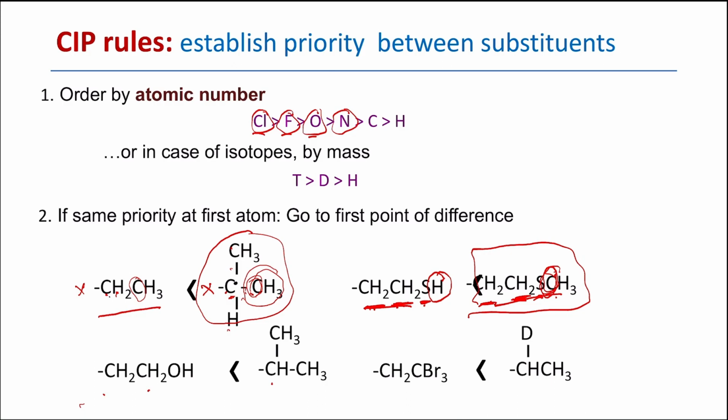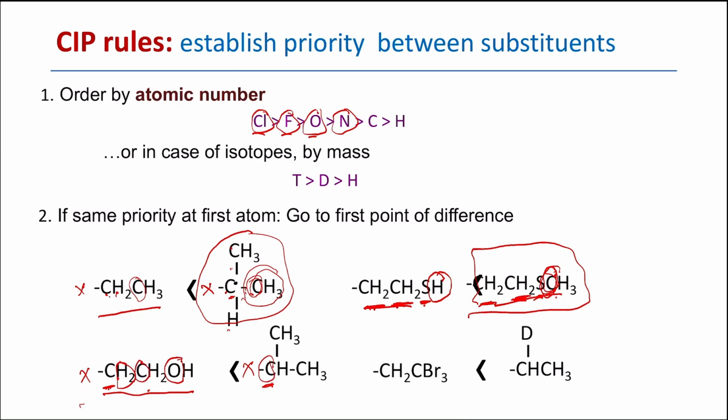You might think that this one should take priority because it has an oxygen. But as I said before, we don't look at the group as a whole, we look at the first point of difference. So let's find the first point of difference. Here, this is again the stereogenic center, and the first atom here is carbon, and here is carbon. But this carbon is attached to two hydrogens and one carbon.